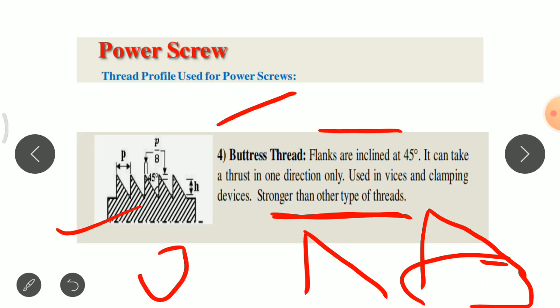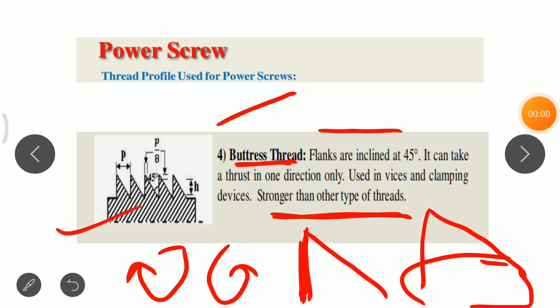When we rotate it clockwise or anti-clockwise, all those threads transmit power in both directions, but in the buttress thread we can transmit the power in only one direction because the flank is at 90 degrees, so it cannot transmit power in that direction.